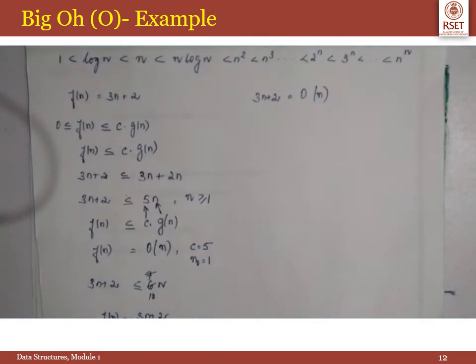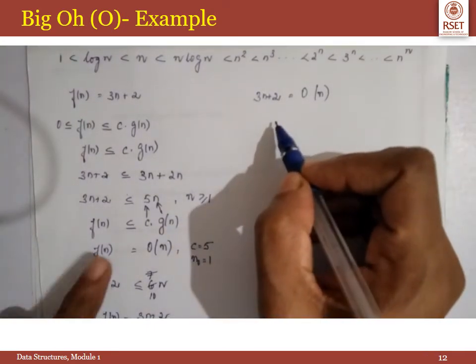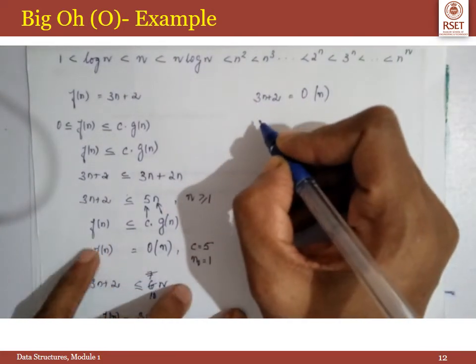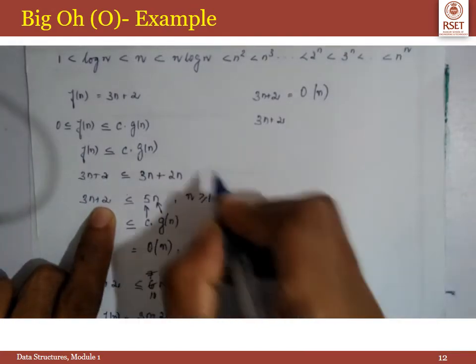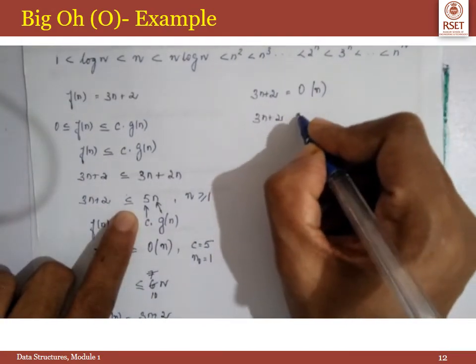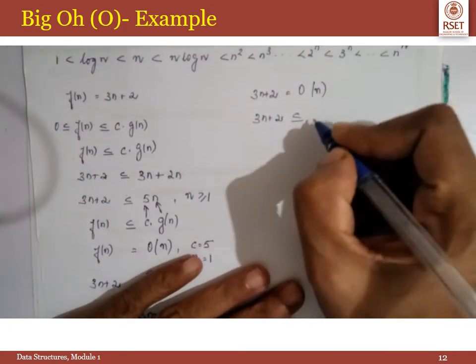Okay. Now, if that is a case, then suppose instead of this function 3n plus 2, suppose I'm going to write this, instead of n, if I'm writing it as n square. Now, will that be true?